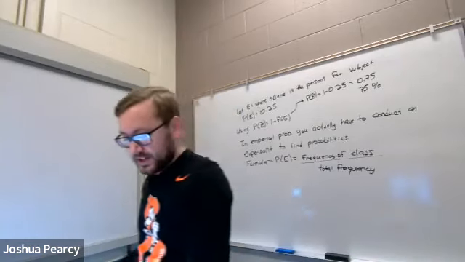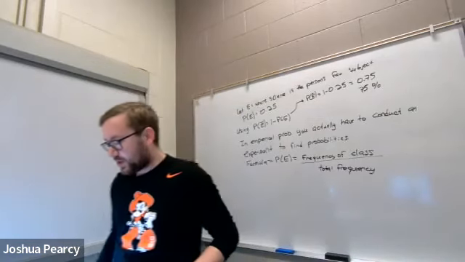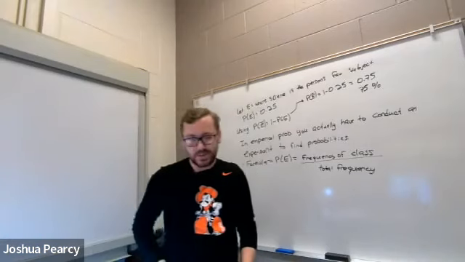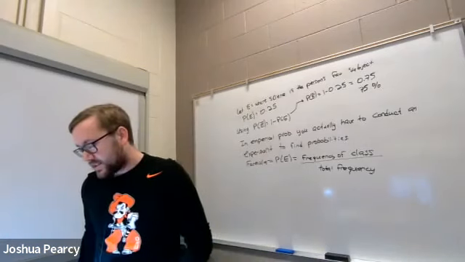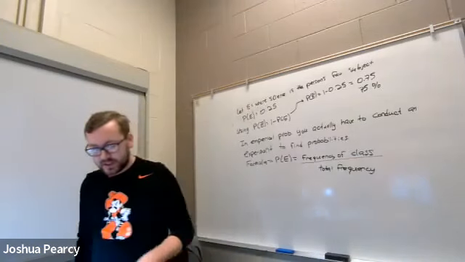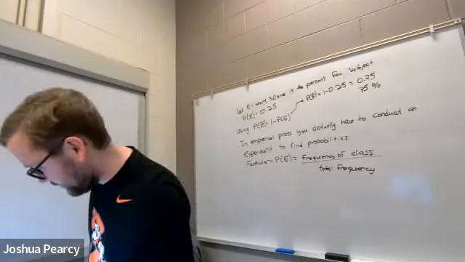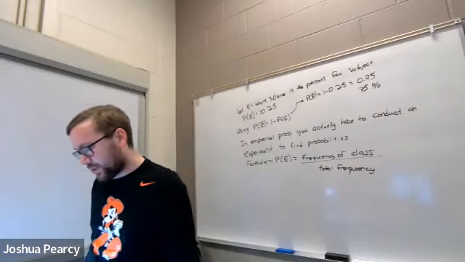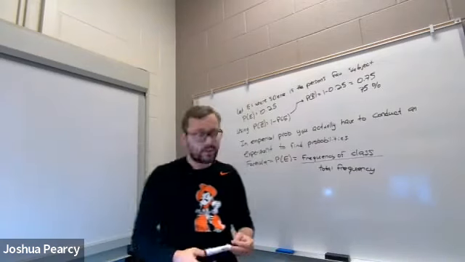So let's look at this first example. Using the following frequency distribution, find the probability that a randomly selected student's test score is a B. So what is the frequency of B? 12. And what is the total frequency? You have 6 plus 12 is 18, plus 13 is 31, plus 9 is 40, so the total is 45.